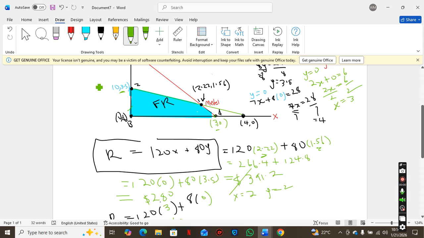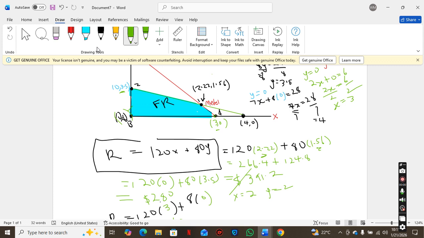No. Actually, it's y is equal to 0 and x is equal to 0. This point here. Yes, 0, 0. That's the third point, yes. So the final comment on y is equal to 0, x is equal to 0 and y is equal to 3.5, we still found x is equal to 2 and y is equal to 2.